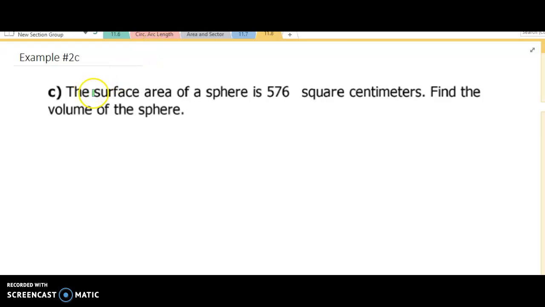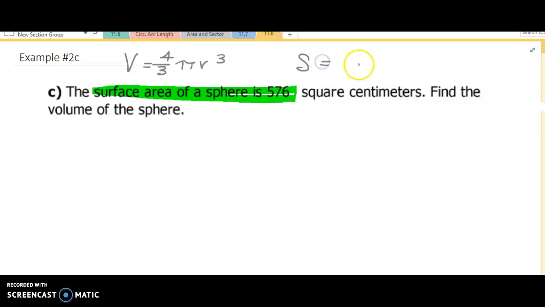Okay, it tells us the surface area is 576. Find the volume. All right, so we have two formulas. We have the volume formula is 4/3 pi r cubed, and we have surface area equals 4 pi r squared. Now remember, to find the volume, all I need is the radius.